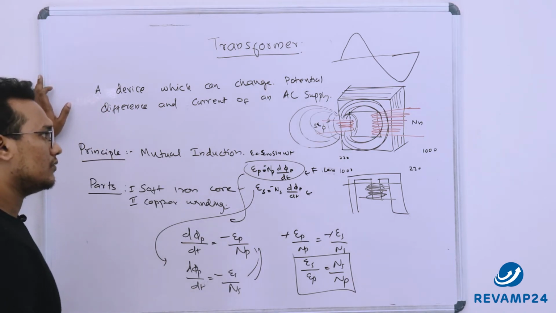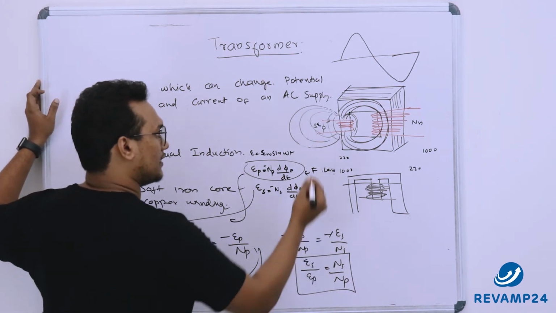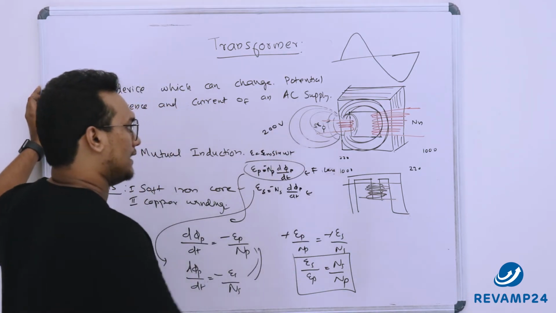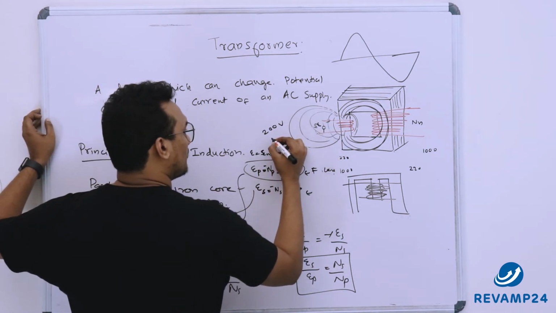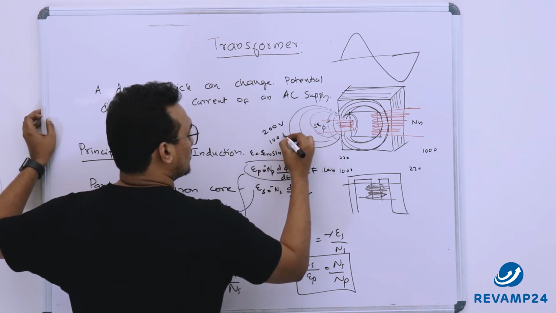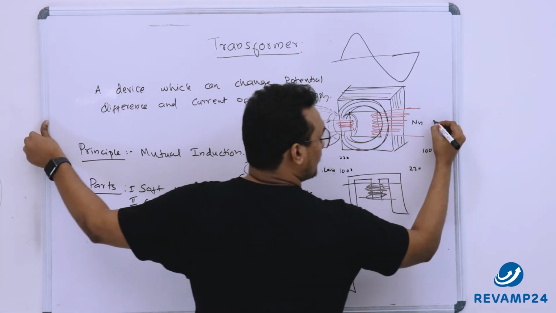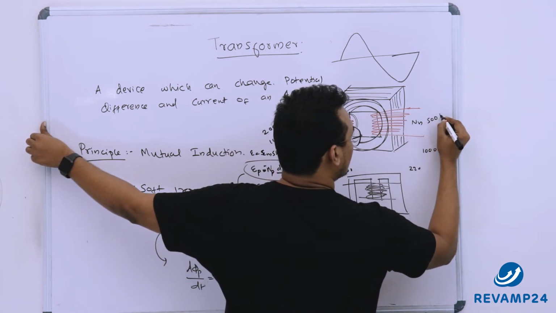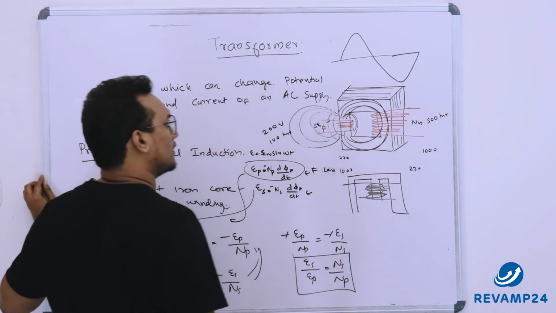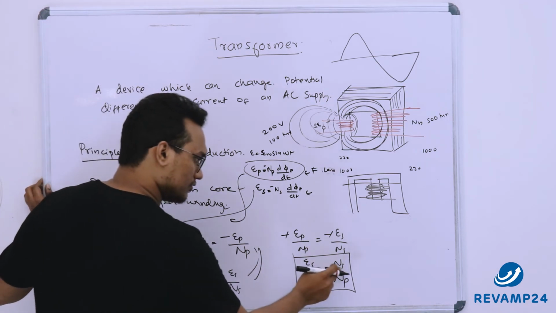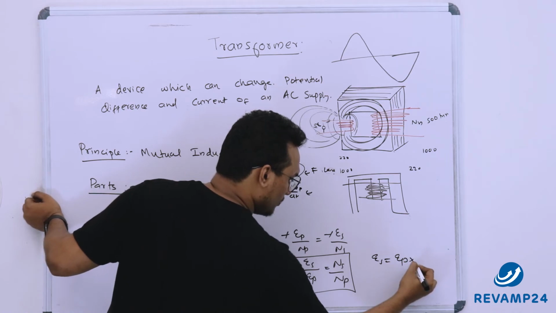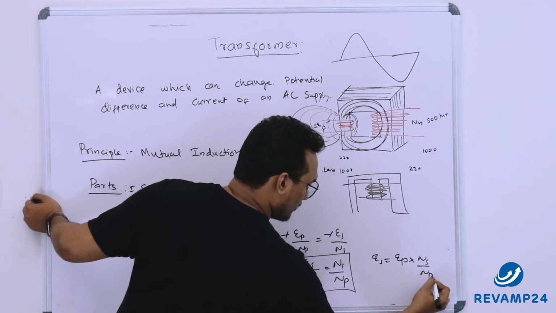I will give you an illustration. For example, the input is 200 volt and the primary has a total of 100 turns. Now if the secondary has 500 turns, what would be the EMF across the secondary? We will use this equation. EMF across the secondary is equal to Ep into Ns by Np.